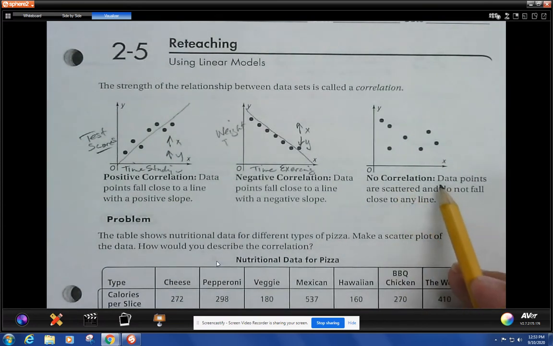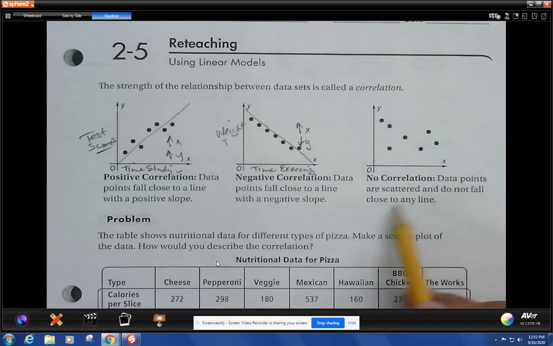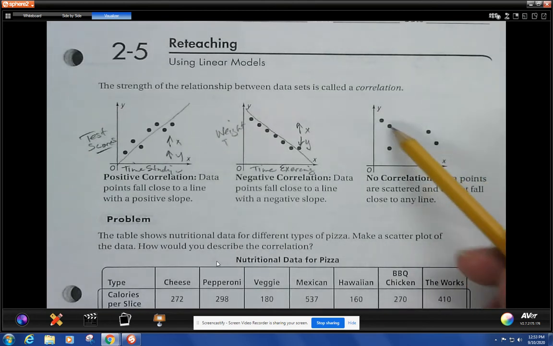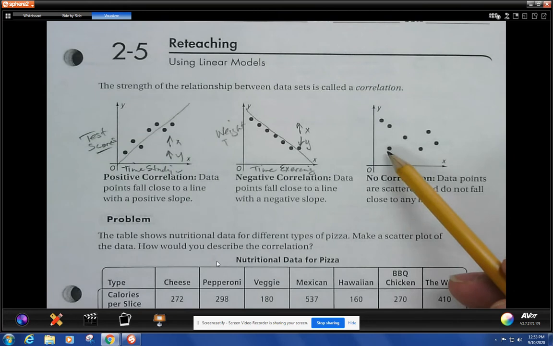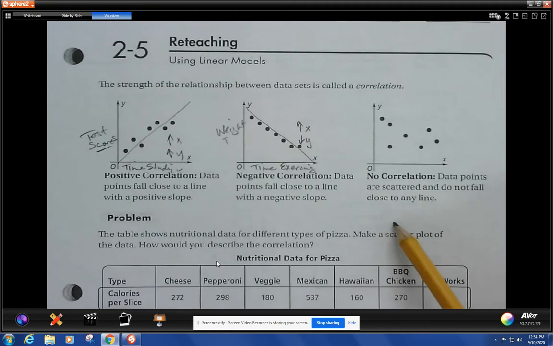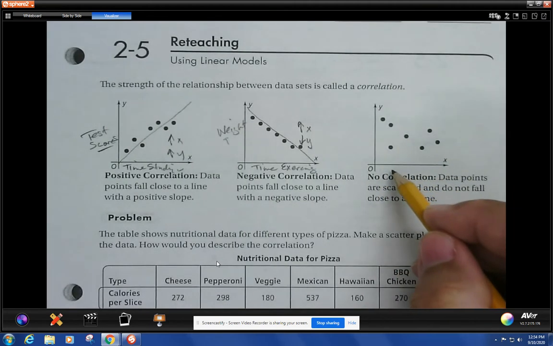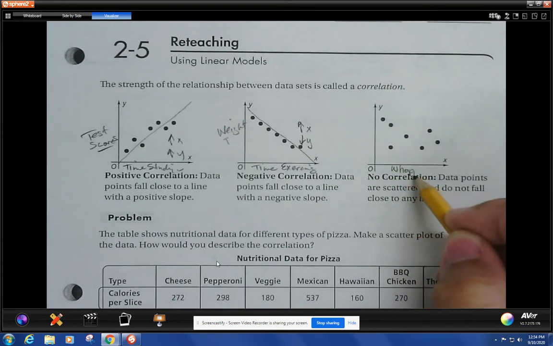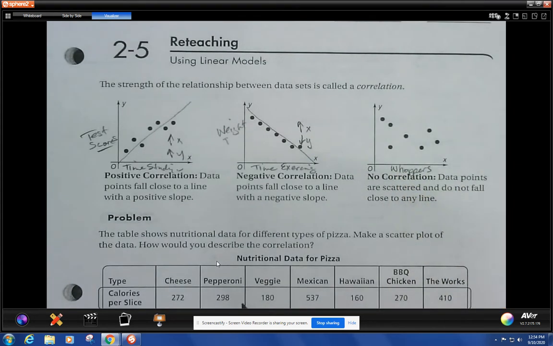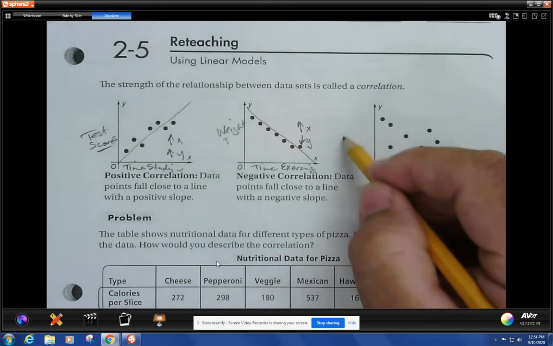No correlation says data points are scattered and do not fall close to any line. So there's not really any line that I could produce that I could say, hey, these points are really, really close to it. We've got a few that maybe look negative, but we've got one way out here. A good example of this would be, if I'm increasing an X, let's call this eating more Whoppers, my number of Whoppers I eat every single day, and this is my height.